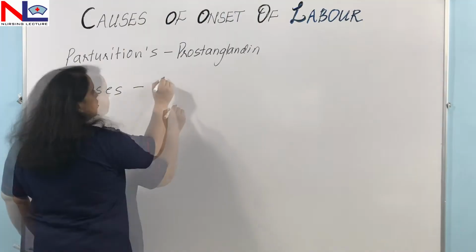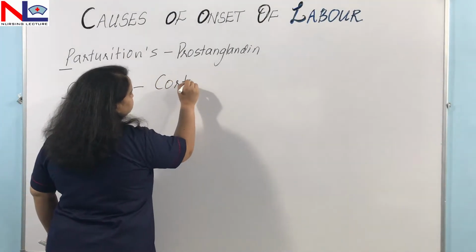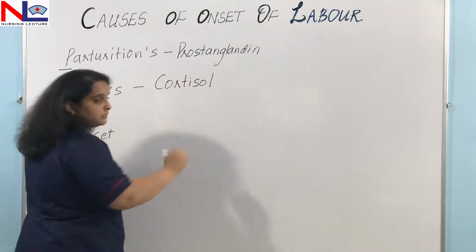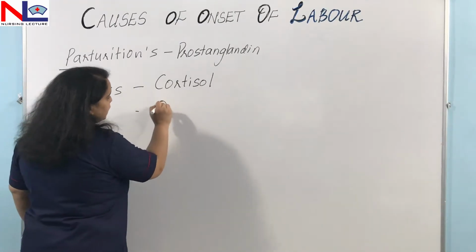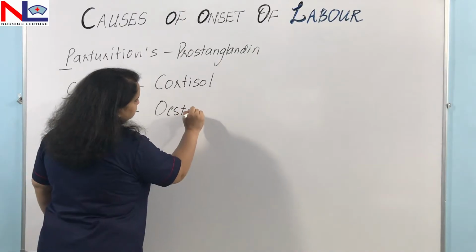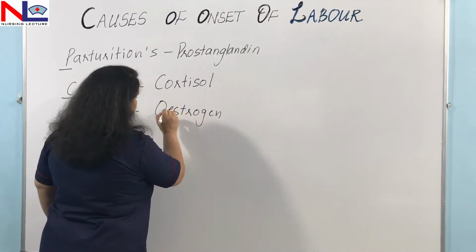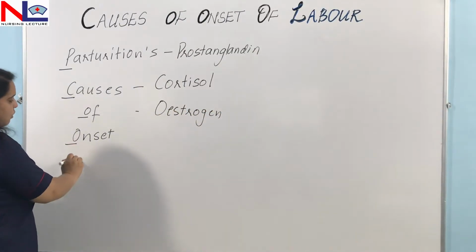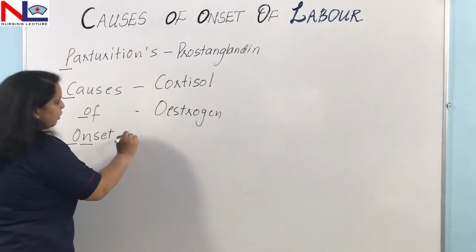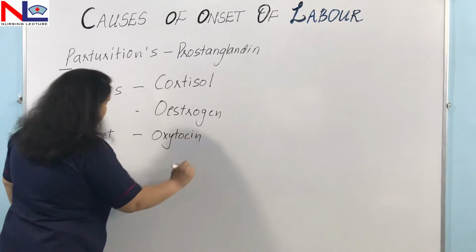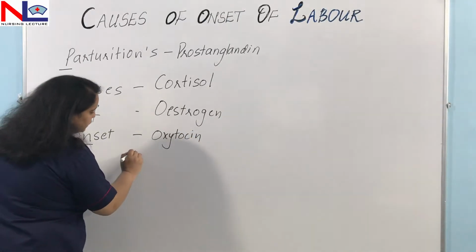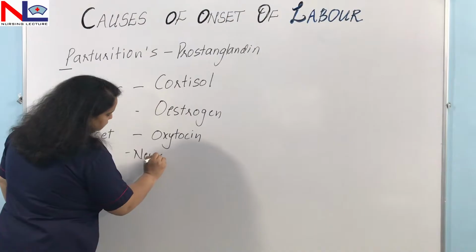C means cortisol. Then comes the O, it means estrogen. Then the next O stands for oxytocin and N stands for neurological factors.